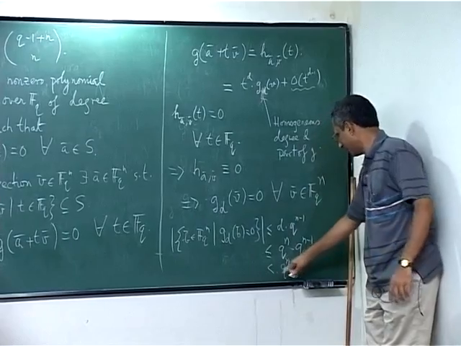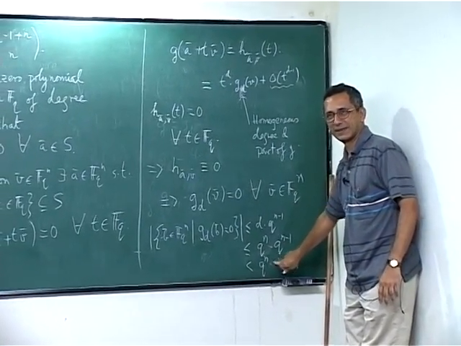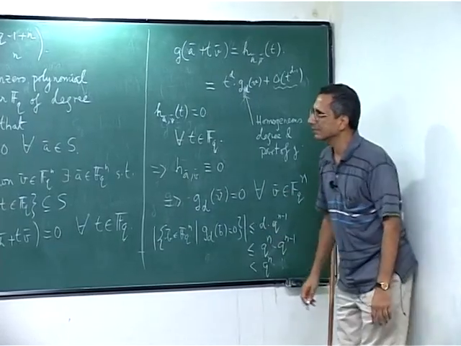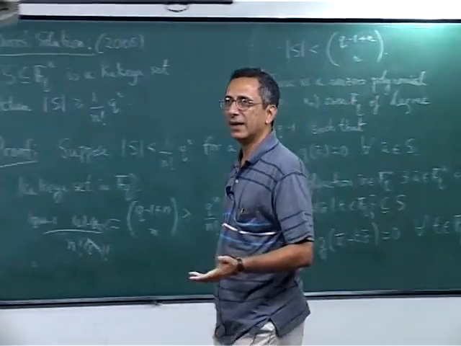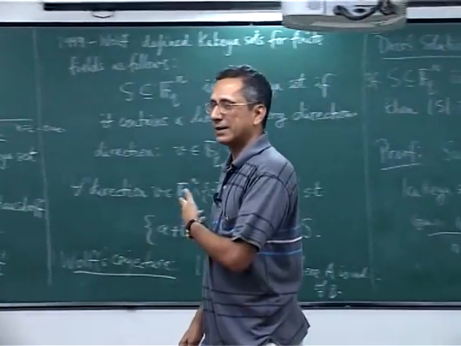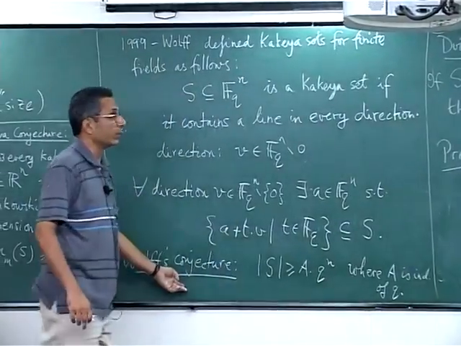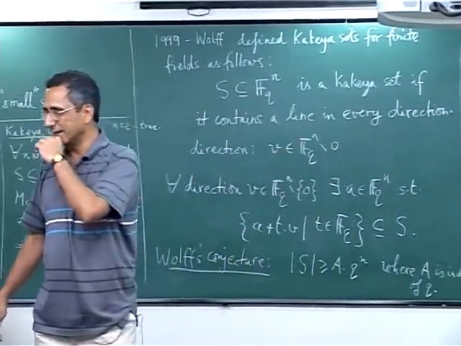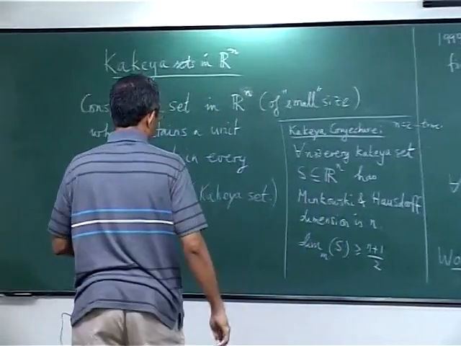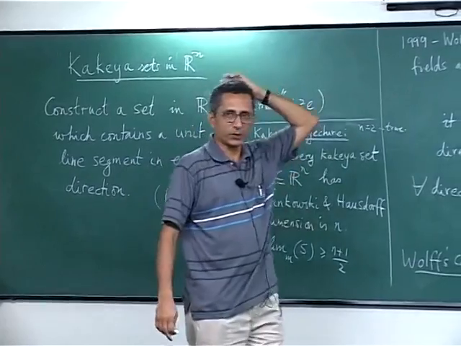It's enough to say that it is less than q^n. So it's a remarkably easy proof that Wolff's conjecture is true. It took a long time to prove it, though. There are probably people who were stuck with a certain direction of reasoning, and nobody thought it would be this simple.